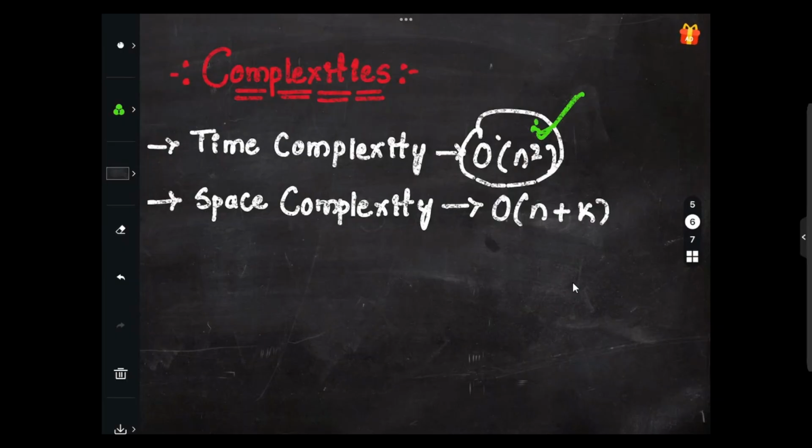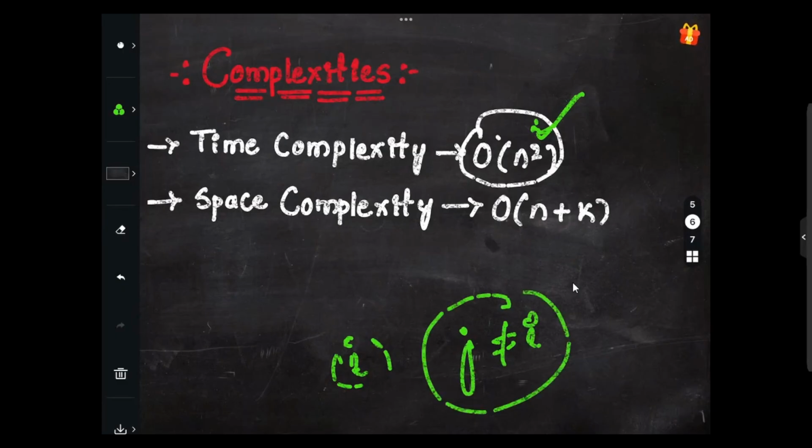Here what happens is, for each message i, we are checking all other messages, that is, j not equal to i. So overall the time complexity would lead to big O of n square, not 2 to the power of something, right?